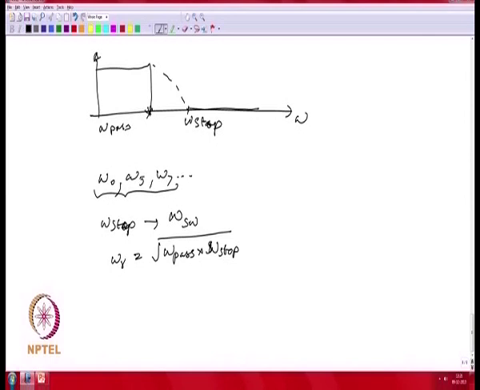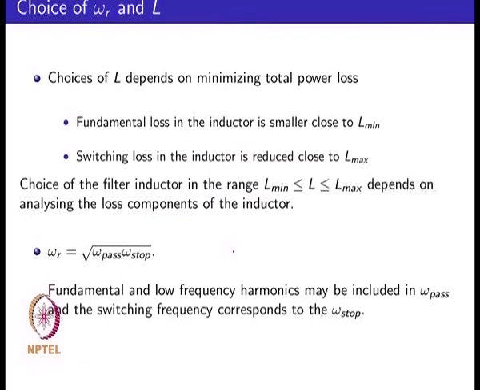So, with this choice, now you have essentially obtained all the components of your LCL filter. You know your resonant frequency, you know the choice of L, you know L1, L2, and once you know your omega r, knowing L1 and L2, you automatically fix your capacitance because it is related through your resonant frequency.